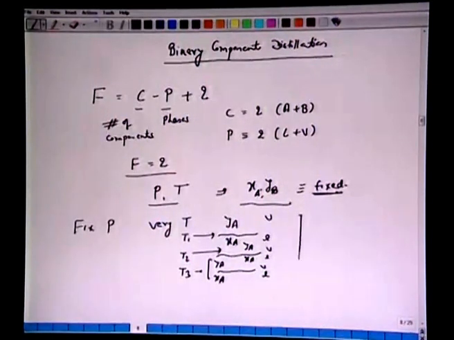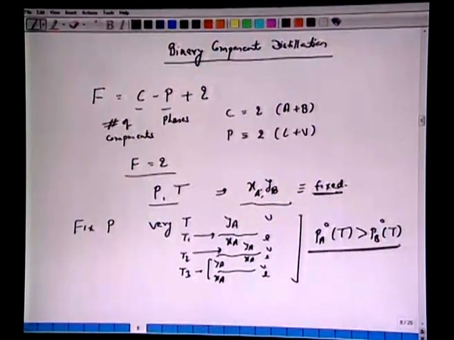Here the requirement is that the vapor pressure of A at any temperature should be larger than that of the other component. So, this is the bottom line for the distillation.